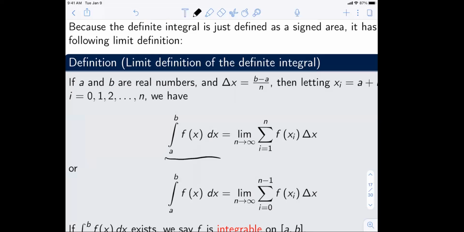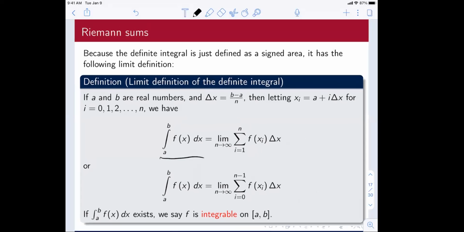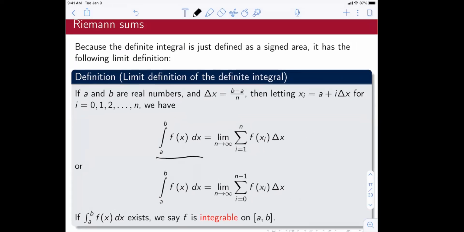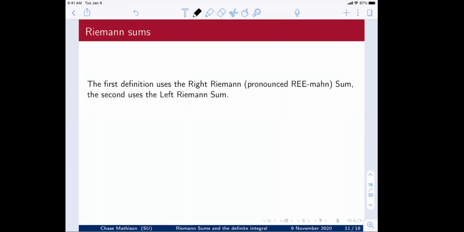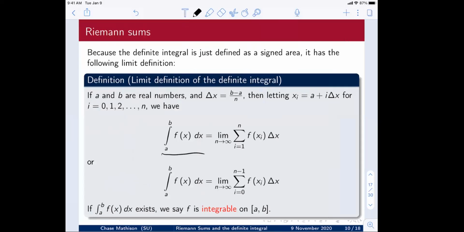Okay. So are there any questions about these definitions here? Or really this one definition? They both give you the same thing. Okay, so again, the first definition starts at 1, with index i or k, whatever index you want to use, and ends at n.